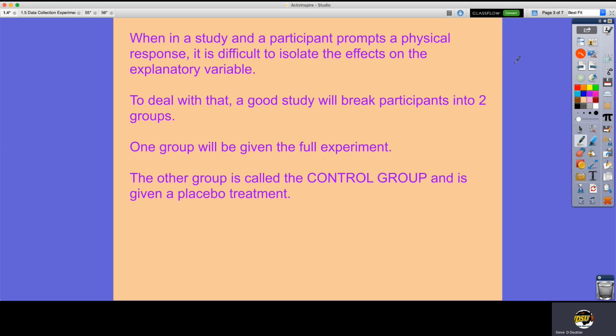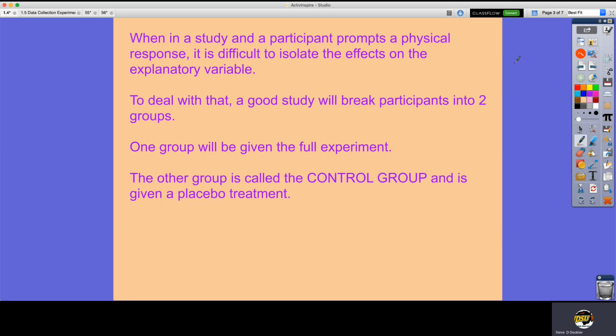All right, so when in a study a participant prompts a physical response, okay, so say for example, there are people that did this for the COVID vaccine. They went in, they were part of a study to see if this COVID vaccine would work or not.